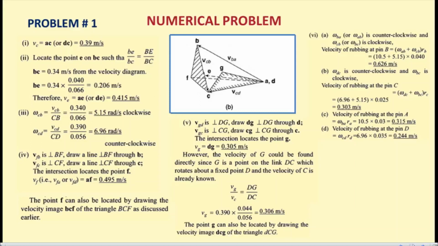That is the velocity of rubbing at point B. Similarly, the velocity of rubbing at point C is equal to 0.303 meter per second. In the same way you can find it out. And the velocity of rubbing at pin A and pin B is found as 0.315 meter per second and 0.244 meter per second.